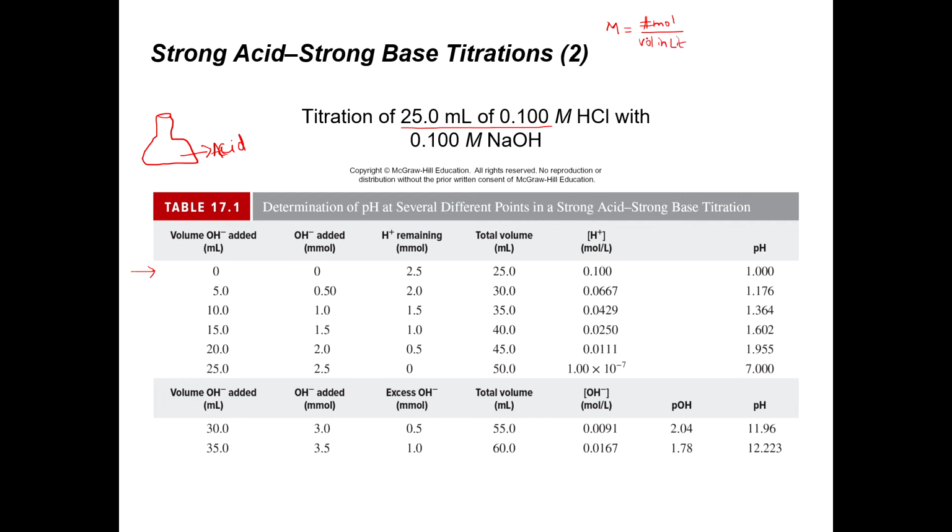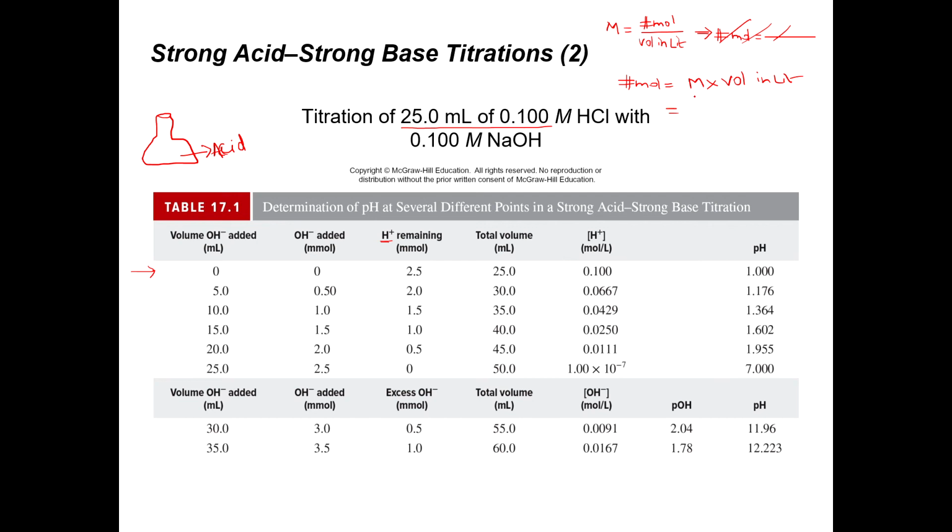So if you want to find the H plus ions in terms of moles, you can rearrange this equation, and you get number of moles equals molarity times volume in liters.